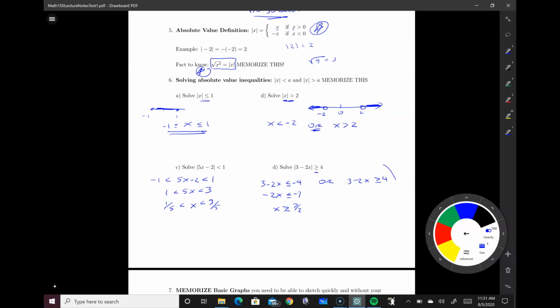This one here, when I subtract the 3, I get a 1, and then I divide through by the -2, change the sign again. So these are the answers. x smaller than or equal to 1/2 or bigger than or equal to 7/2.